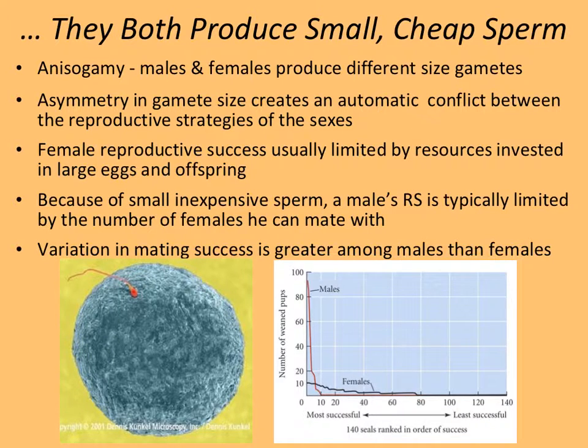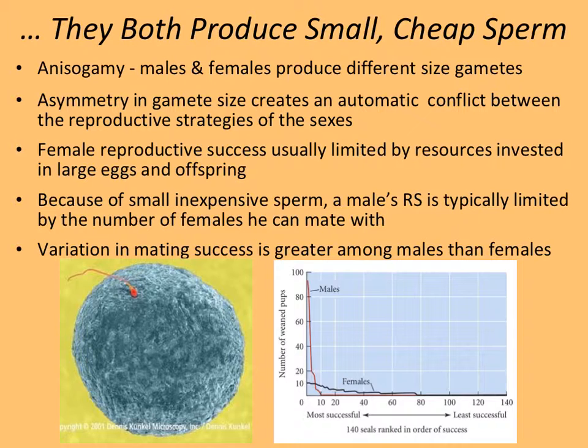Because of this asymmetry between gamete size, it creates an automatic conflict between the strategies of the sexes. The female is providing these expensive eggs. The male is providing these really cheap sperm. Female reproductive success is usually limited by the resources that she invests in the eggs.